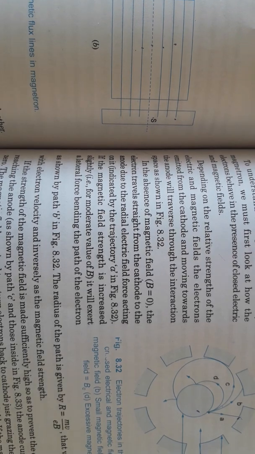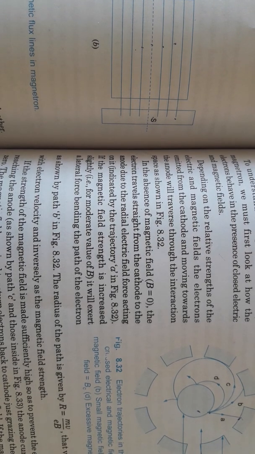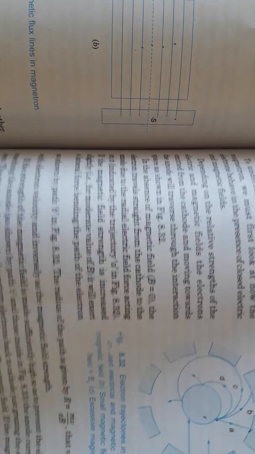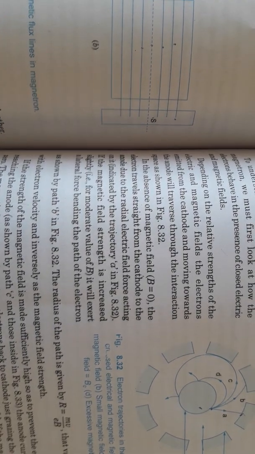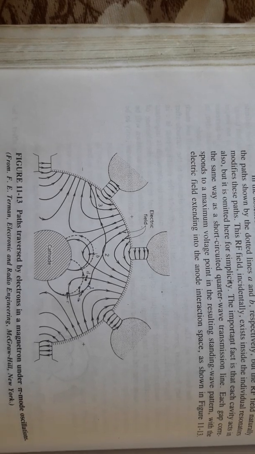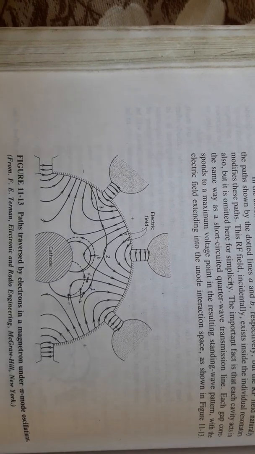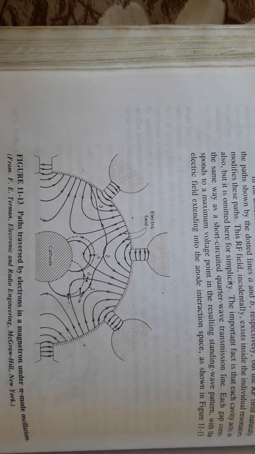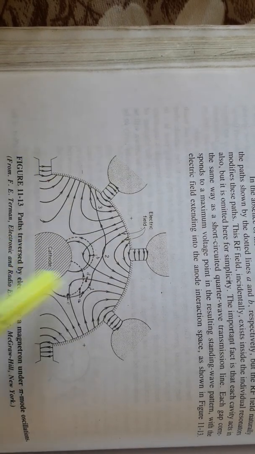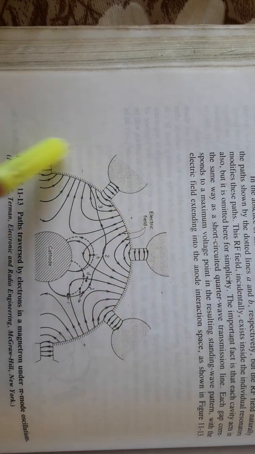Now in this next lecture we are going to discuss the pi mode of magnetron operation. So just wait for a minute. Yes, in our previous discussion we discussed the operation of the magnetron in the absence of an RF field, so no RF field is applied across these anode cavities.